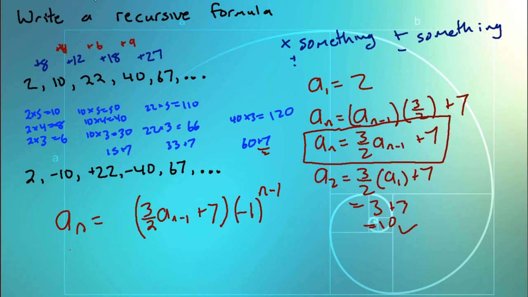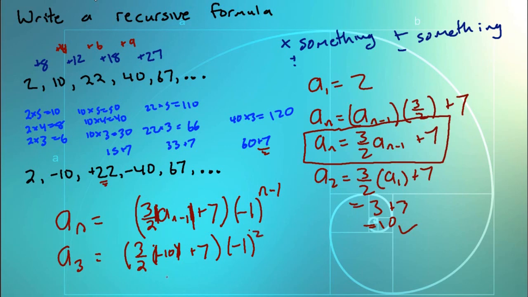So if I try that, let's try A3. That'd be 3/2 times the previous term. This is the third term, so times -10. Oh, absolute value. Need the absolute value in there. That's okay. Let's add that absolute value. So absolute value of that, plus 7, and -1 to the second.